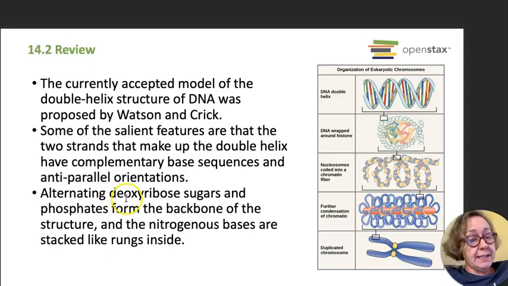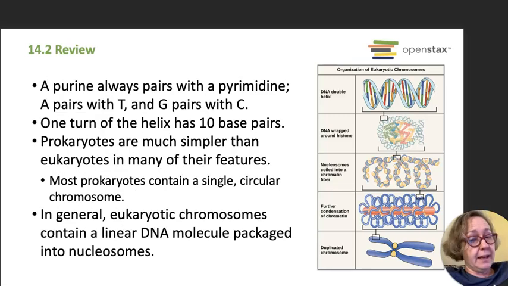Alternating deoxyribose sugars and phosphates form the backbone, and the bases, A, T, C, and G, are the rungs of the ladder, paired with one another. Again, a purine always pairs with a pyrimidine. A pairs with T, G pairs with C. One turn of the helix has 10 base pairs.